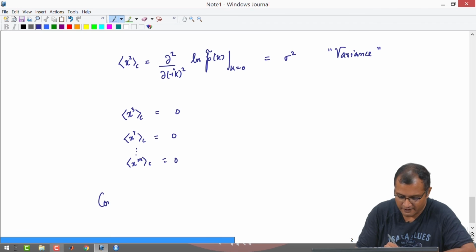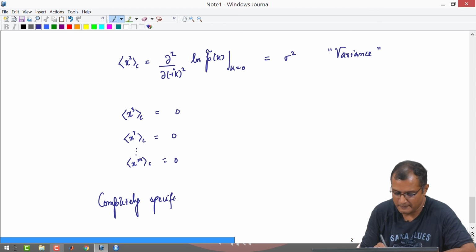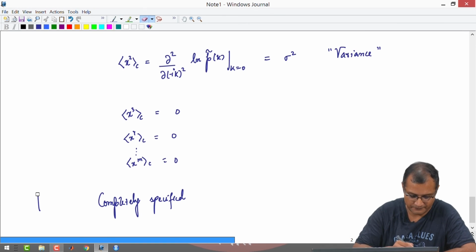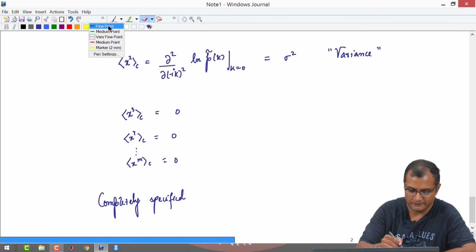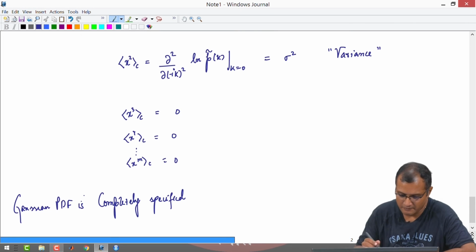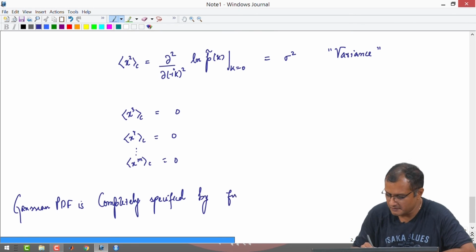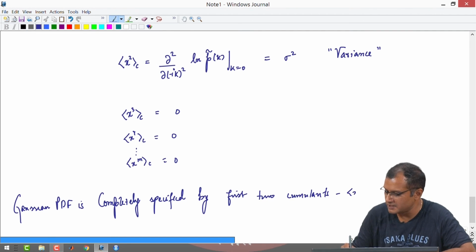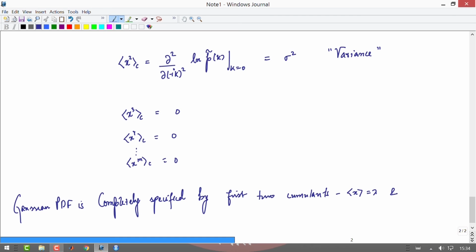It is completely specified by first two cumulants, which are basically the mean and the variance.